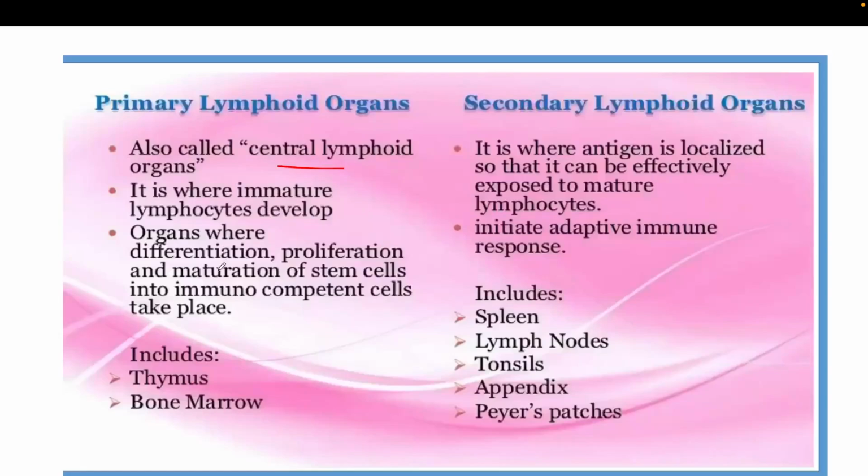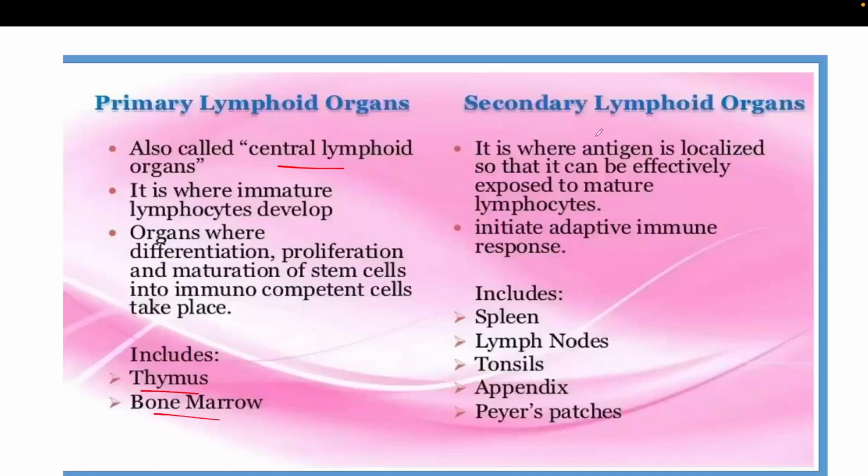In this organ the immature lymphocyte will differentiate, proliferate and mature to the immunocompetent cell. Immunocompetent means it has still not encountered any kind of antigen. This happens in the primary lymphoid organ, and examples of primary lymphoid organs are the thymus and bone marrow.